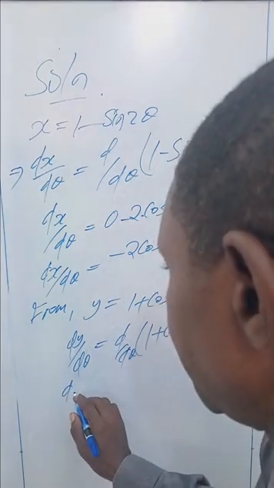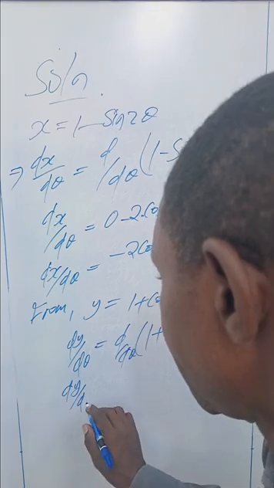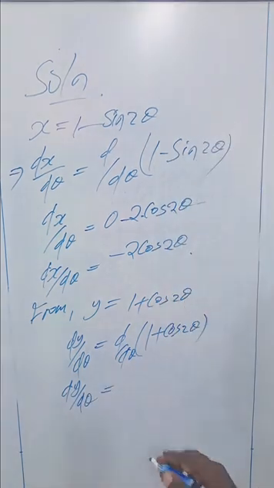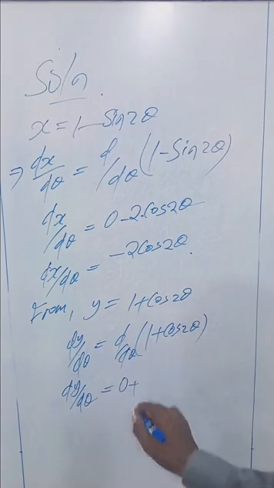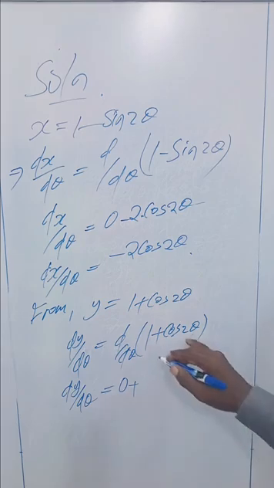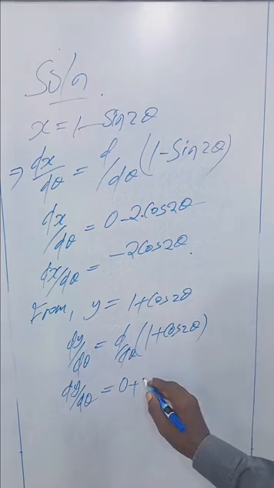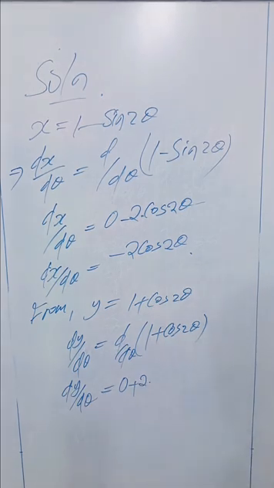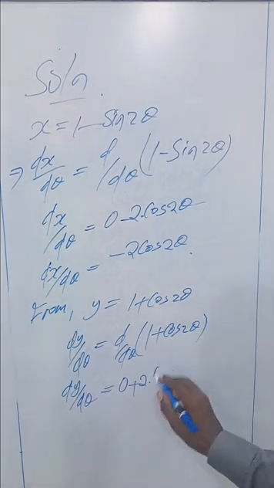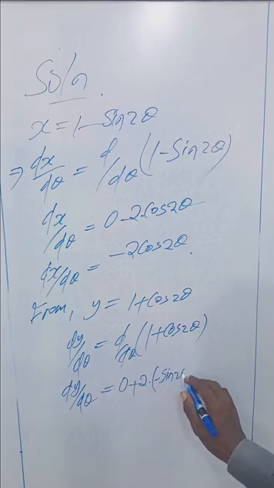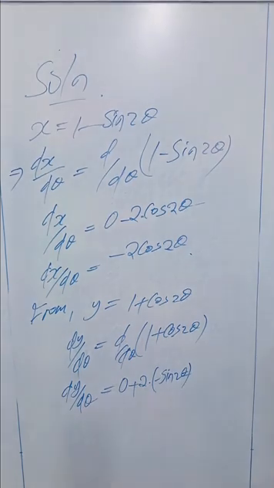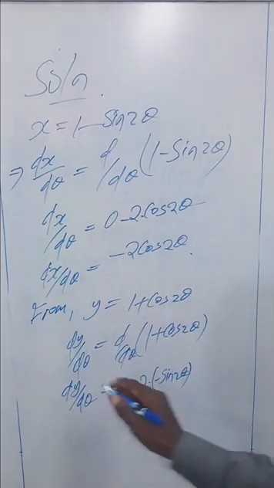So our dy/d theta equals differentiating the constant, we get 0, then plus, differentiating 2 theta, we get 2 times, differentiating cos, we get negative sine 2 theta.